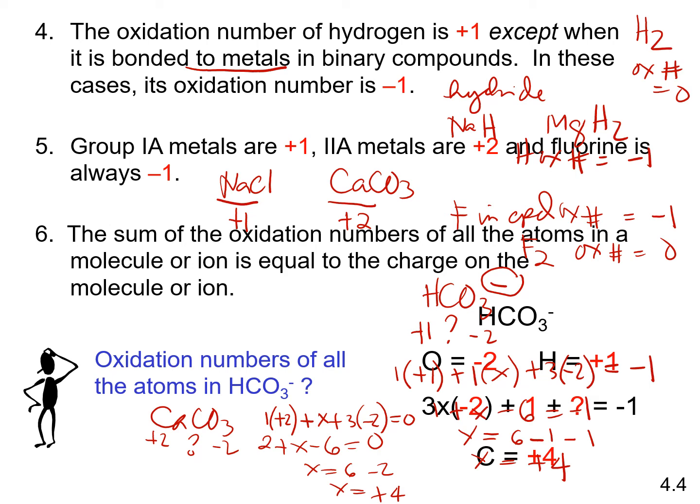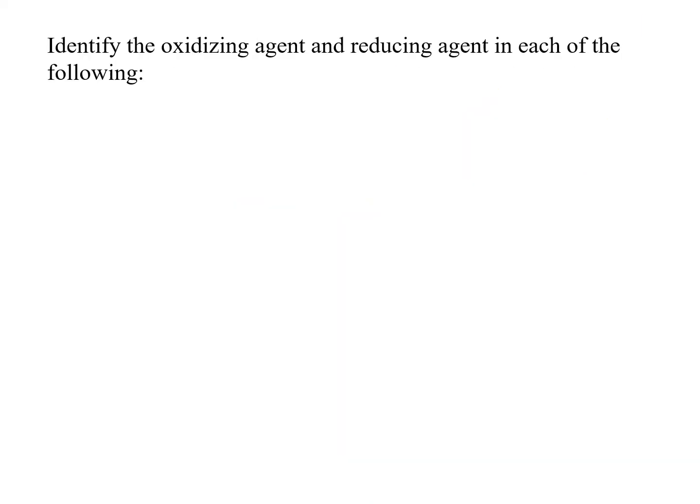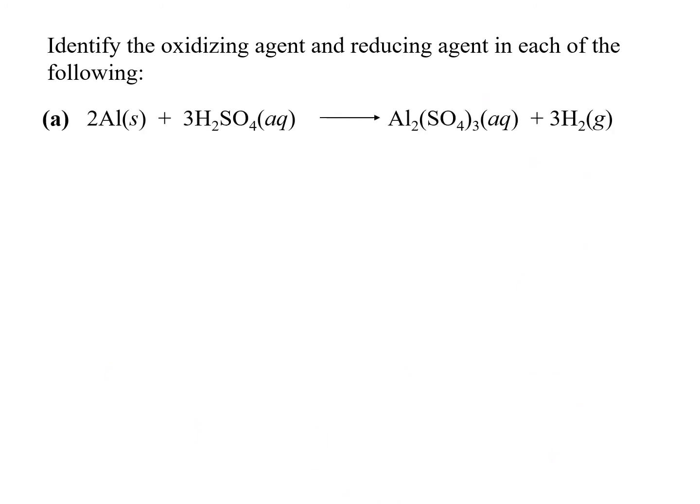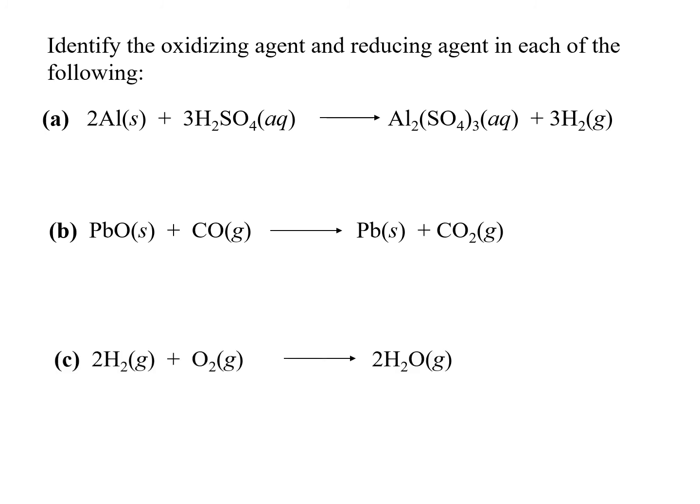So let's apply the rules in identifying the oxidizing agent and the reducing agent in each of the following equations or reactions. For letter A, we have aluminum plus sulfuric acid, forming aluminum sulfate and hydrogen.